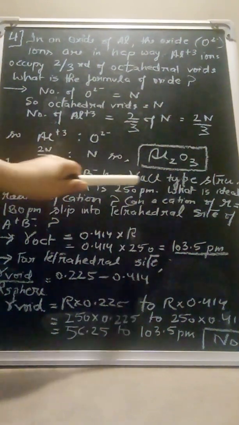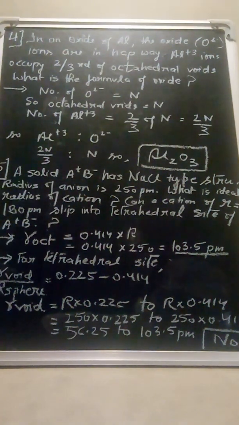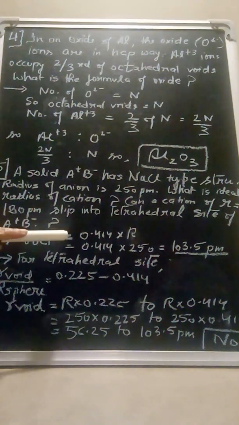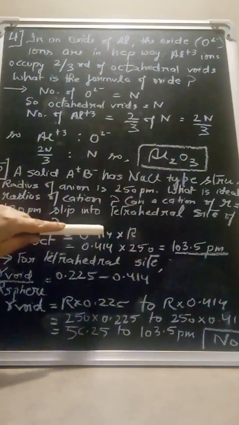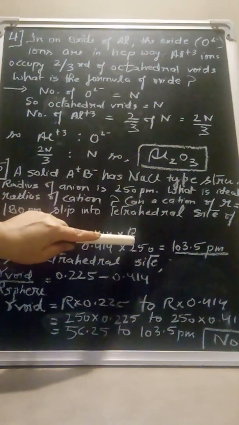Let's see the solution. For an octahedral structure, the radius of an octahedral void is given by 0.414 into the radius of the sphere or anion.